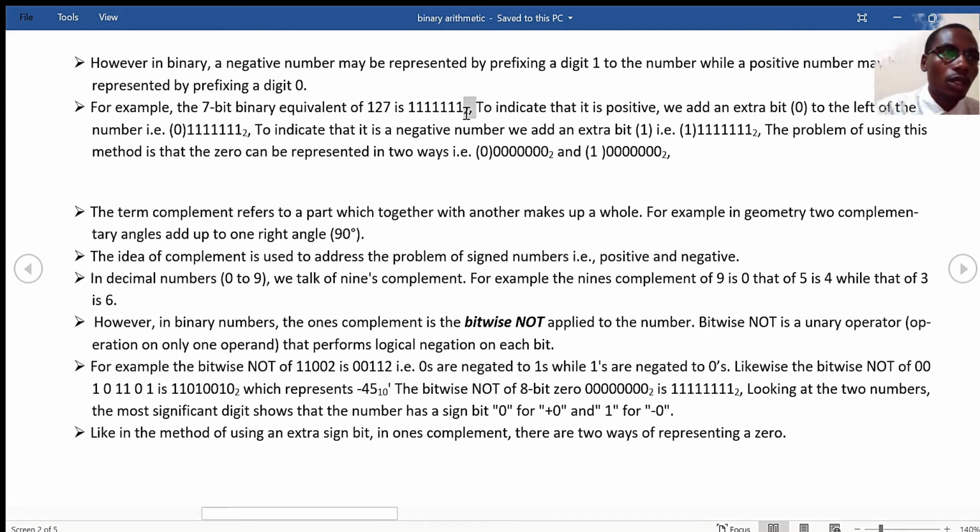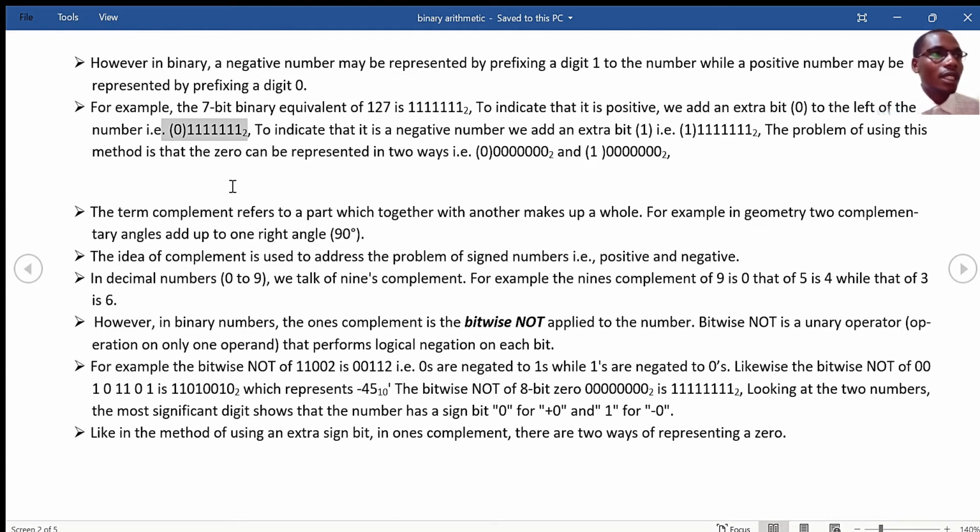How do we now show that this binary number is either positive or negative? We prefix it with 0 to show that it is positive, like this. So my 127, which is positive, is that one.